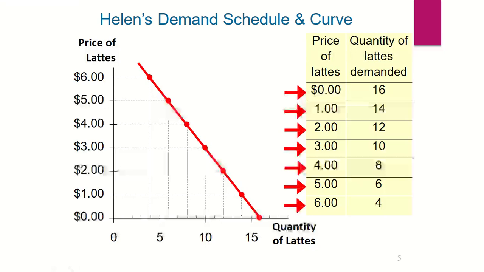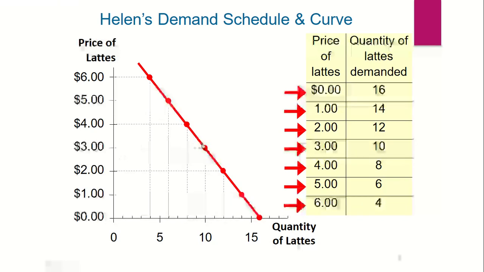We can plot the prices corresponding to the quantities. At $6, Helen wants 4 lattes. When the price is 5, the quantity demanded is 6. At $4 price, the quantity demanded is 8.